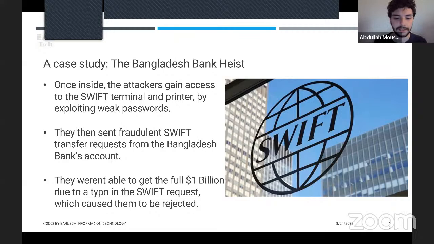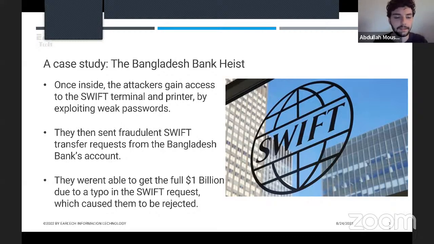It's a very quick system, and it was seen as very reliable, but just like I said before, the security is only as reliable as the humans behind it.